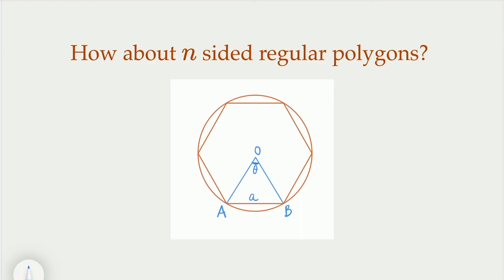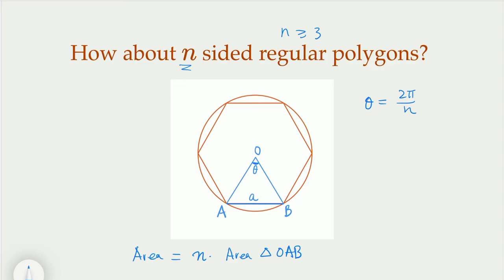This angle theta would equal 2 pi over n, where usually n is greater than or equal to 3. So now the area of the polygon would equal n times the area of triangle OAB. So what is the area of the triangle if the side length is A? This is the side length.